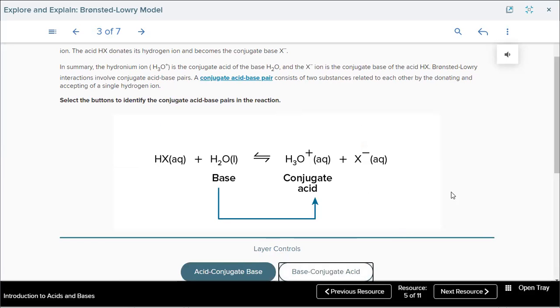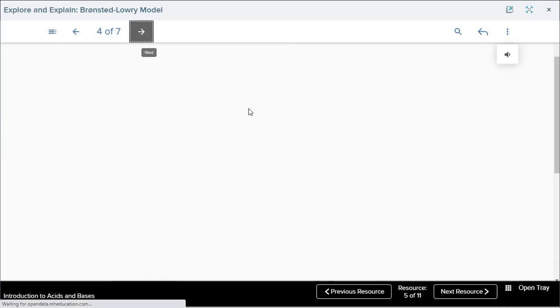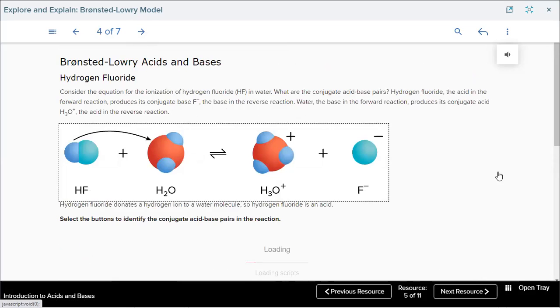What about the second part? H2O here is a base, so H3O plus is a conjugate acid. That's the difference between acids, conjugate acids, bases, and conjugate bases. Mariam, any problem till now? No. Right, it's Bronsted-Lowry.